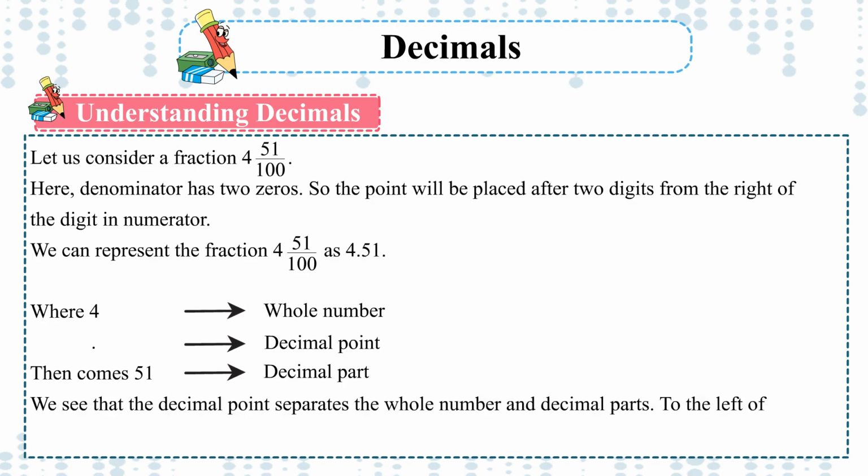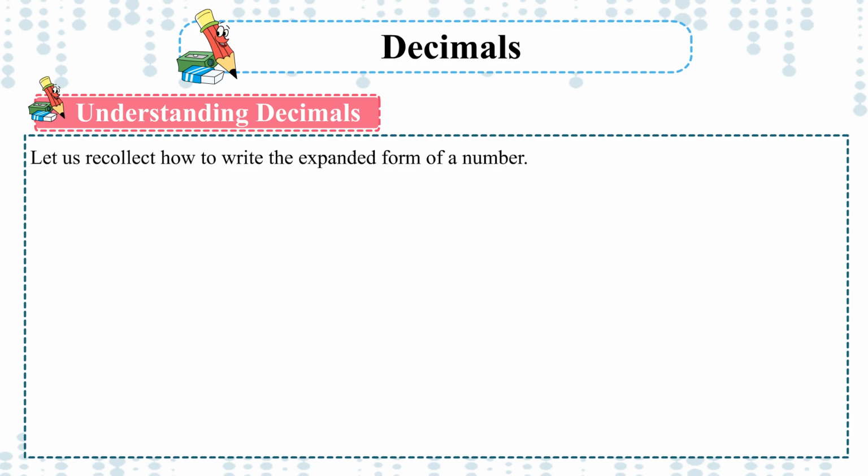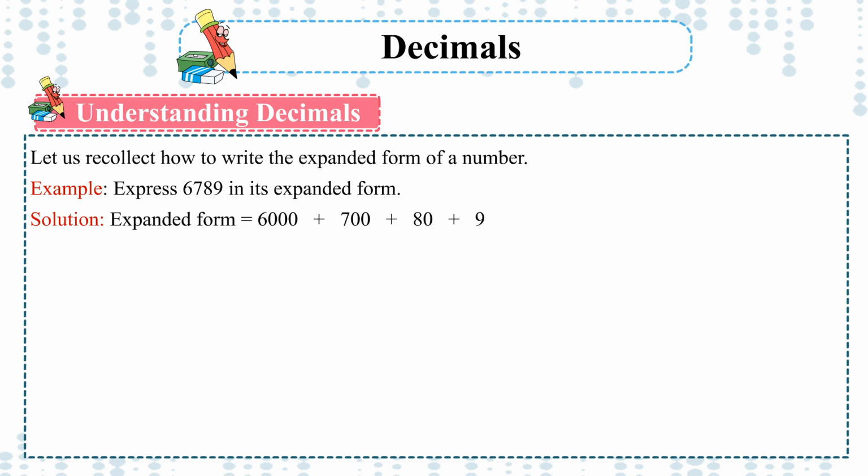We see that the decimal point separates the whole number and decimal parts. To the left of the decimal point is the whole number and to the right of the decimal point is the decimal part. Let us recollect how to write the expanded form of a number. Example: express 6789 in its expanded form.